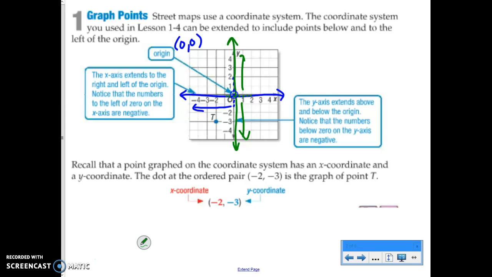Recall that a point graphed on the coordinate system has an x-coordinate and a y-coordinate. Remember that the dot at the ordered pair -2, -3, which is right here, is the graph of the point T. So remember, your first number is your x-coordinate, and your second number is your y-coordinate.